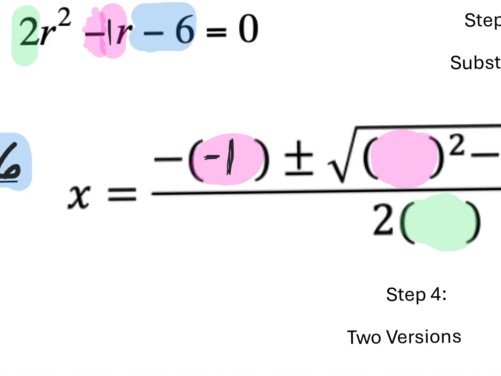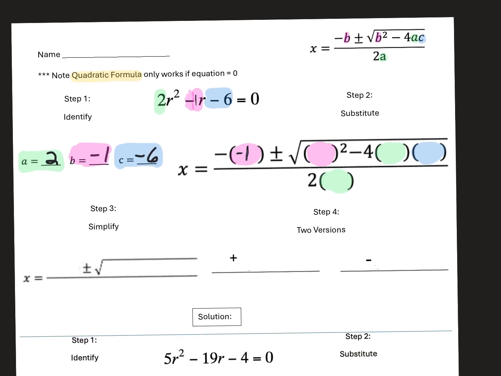I know there's a negative already here, but this negative doesn't count. So if there's a negative in front of the number, I need to have a negative substituted into the formula. Same number here, -1. Then I'm going to put 2's here where the A belongs, and a -6 right here.